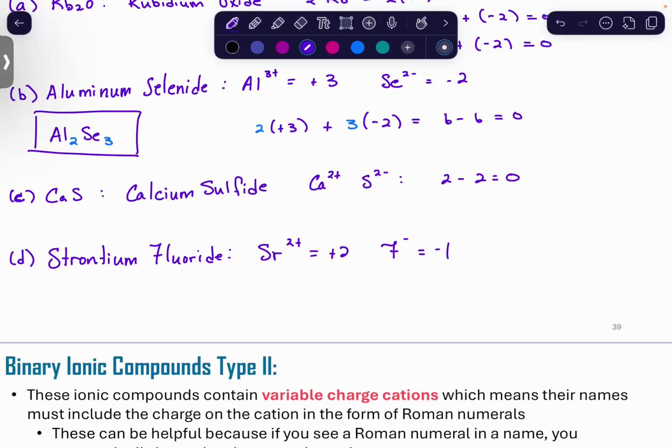Well, I know that if I take strontium's 2, I have to subtract 1, that'll give me 0. Or 2 plus 2 times fluorine's -1 equals 0, which tells me that I have to have two fluorides. So my formula is going to be strontium fluoride.